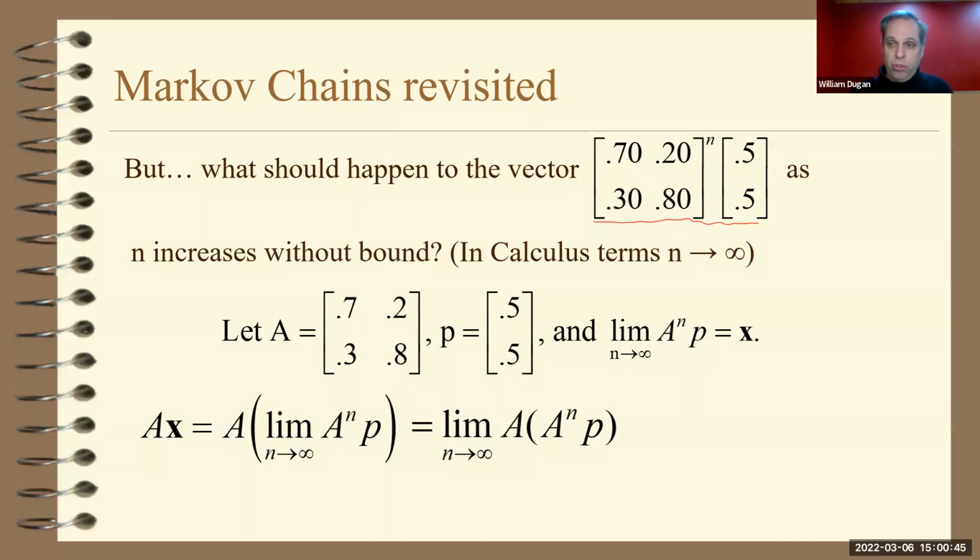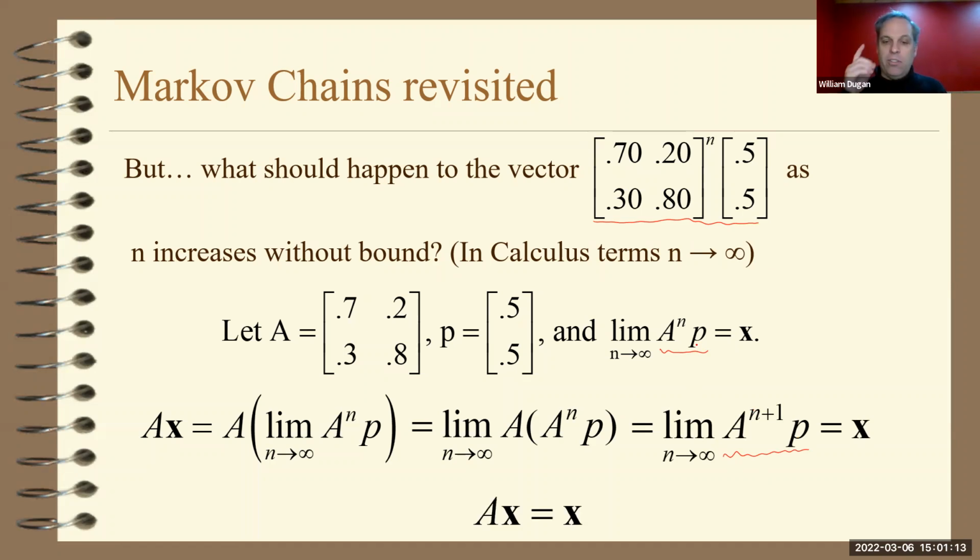You can then reassociate and write the product instead as A to the n plus 1 power times P. But once you do that, this thing here is really the same as that there. The only difference is the power is just 1 greater. So we get to whatever we're approaching just that much faster. So the limit then has to be what this limit approaches, which is X. The important thing, though, is whatever this X is, it must satisfy that interesting equation.